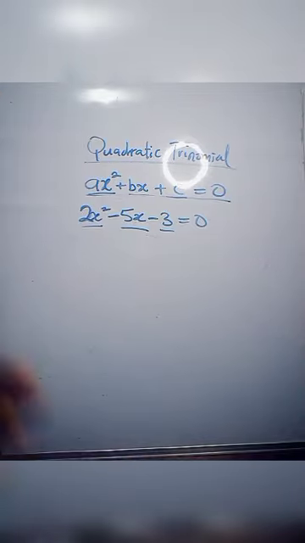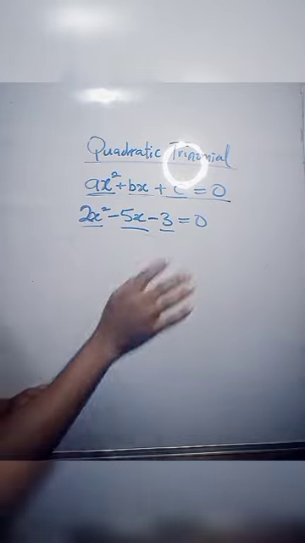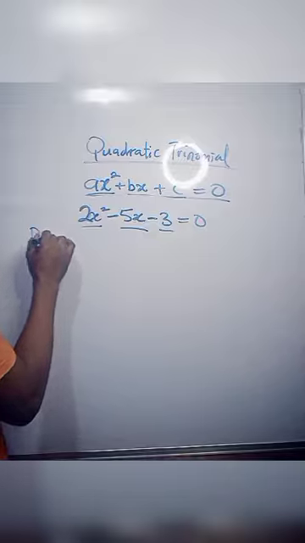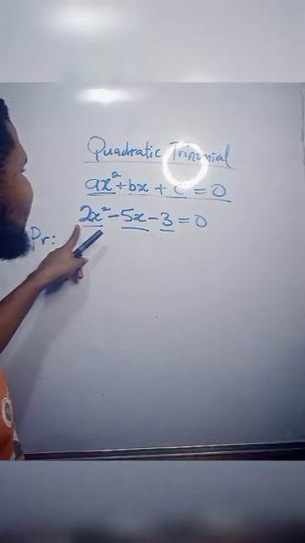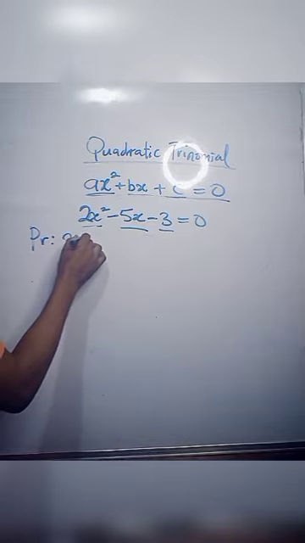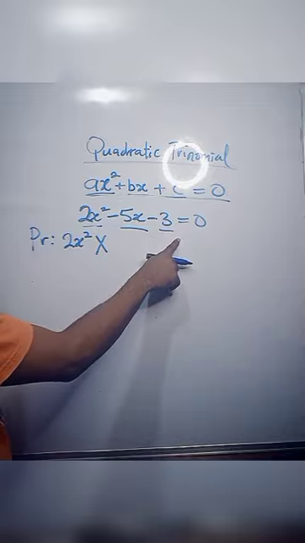So, in a more fundamental level, to factorize this, you need to get what we call product. The product is multiplying the first term and the last term. So the first term here is what? 2x squared multiplied by the last term, which is minus 3.